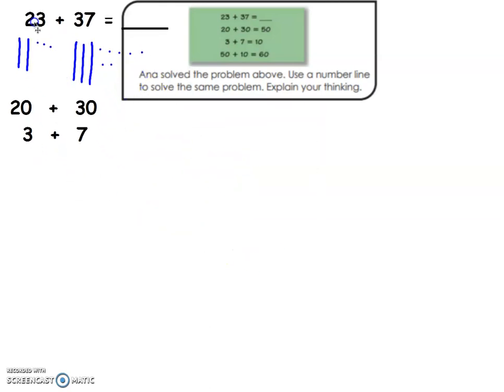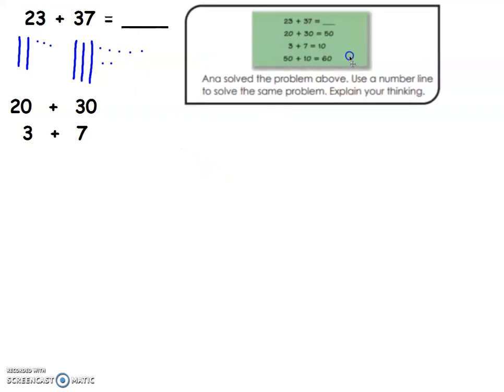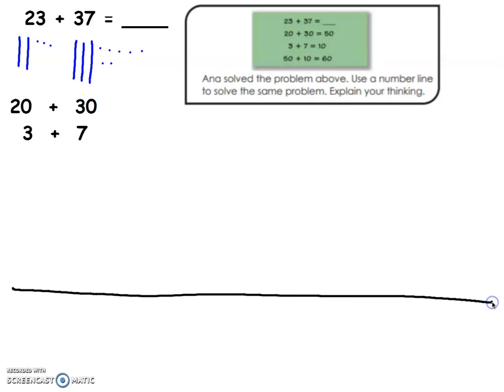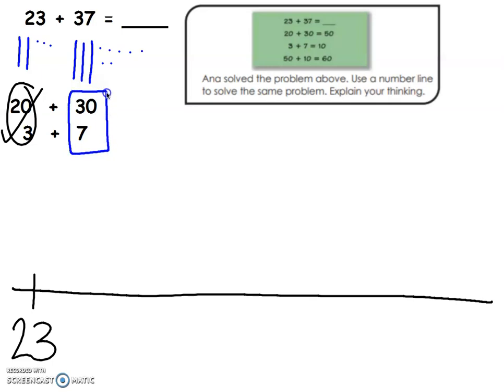So I'm going to keep that over here for us to remember and look at as we solve it using the open number line strategy. So here's our number line. And we know that she started off with 23. So we can go ahead and plug in our 23. That's what we're starting with. So we're good. Now we need to start adding our next number. Looking at it, we broke that number down into tens and ones. You can do it this way if this is easier for you.